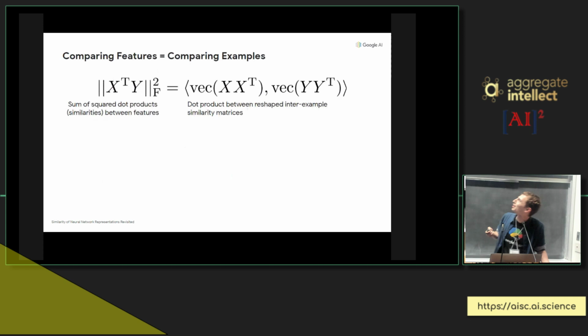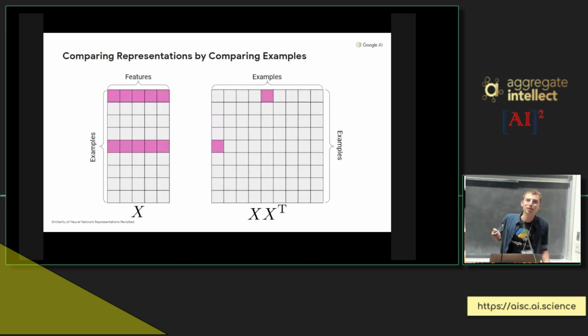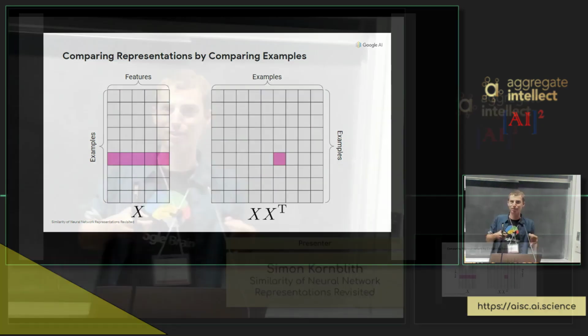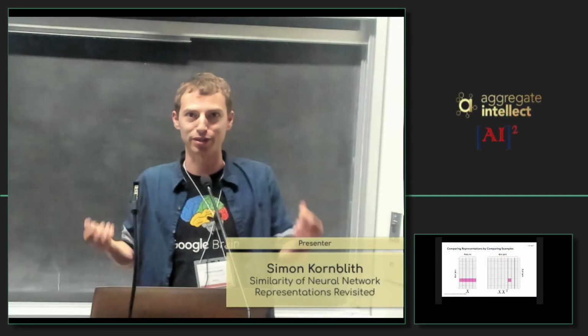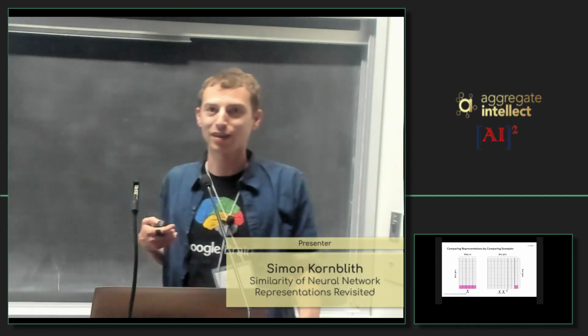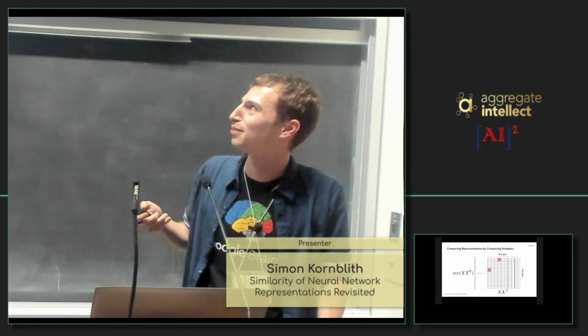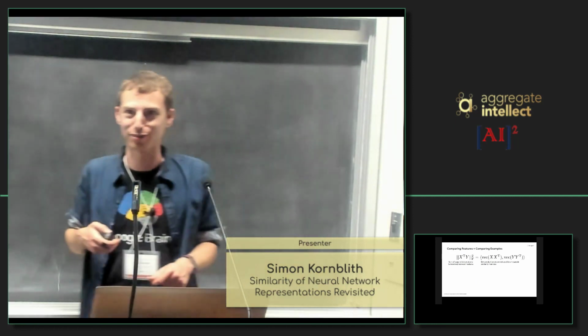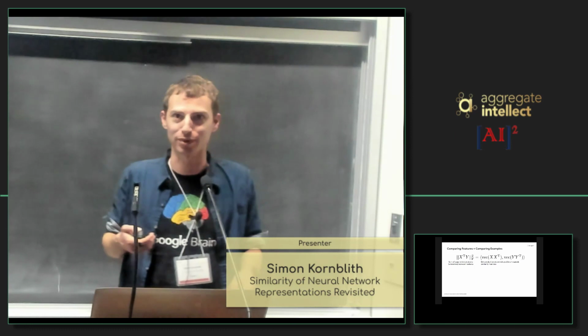So you can think about how we measure the similarity between the representations of two examples, and then maybe we can compare representations by measuring similarity of similarities between examples rather than doing something explicitly in feature space. That's the idea behind this method, but it ends up being the same thing as just measuring similarity in the original feature space, at least if you're doing it with the dot product.